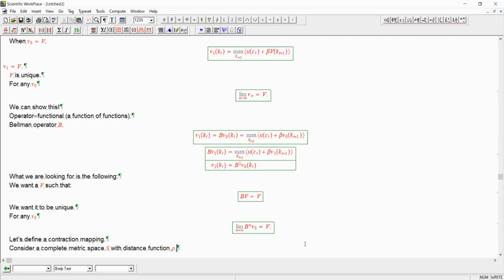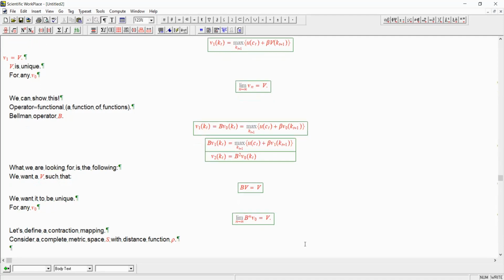And distance functions have to satisfy the triangle inequality. And what that means is that the distance between me and you must be smaller, or maybe equal, but it certainly cannot be bigger than the distance between me and your friend plus the distance between you and your friend. That triangle inequality is going to be very important later.